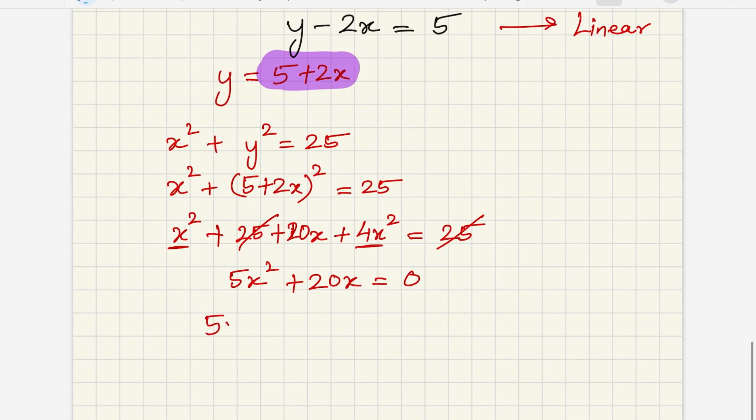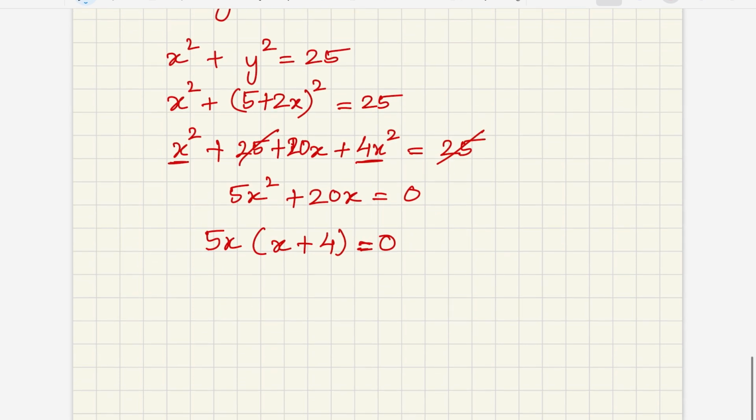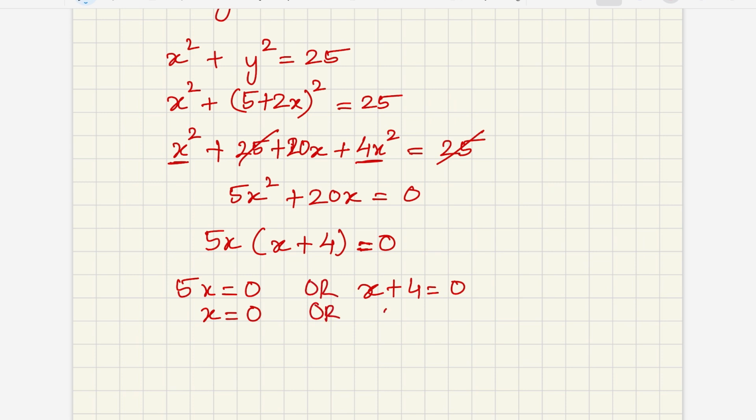I can take 5x common out. This can be written as 5x times (x plus 4) equals 0. This is nothing but factorization. So 5x equals 0 or x plus 4 equals 0, so x equals 0 or x equals minus 4. Therefore, I'll have two values of x.